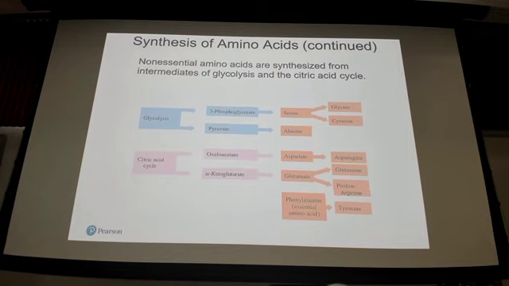And from the TCA cycle, oxaloacetate and alpha-ketoglutarate, those carbon skeletons will undergo a transamination reaction to produce the rest of the non-essential amino acids: aspartate, glutamate, asparagine, glutamine, proline, and arginine.